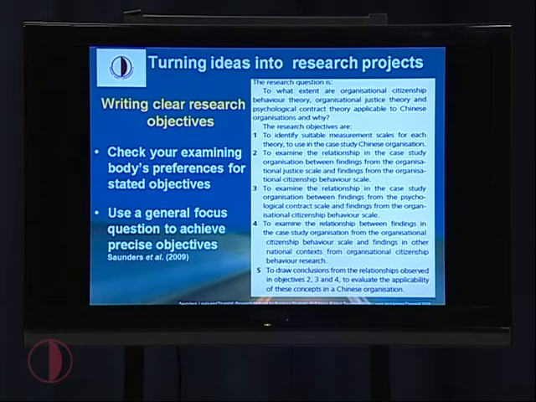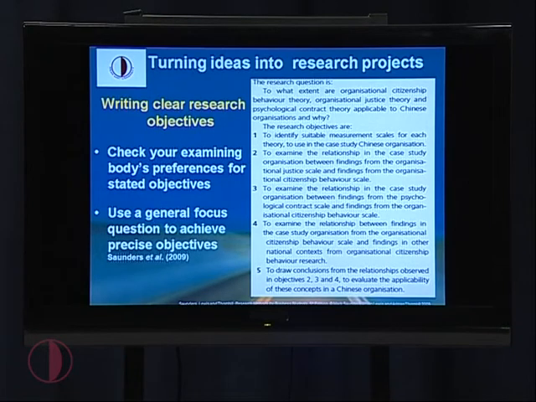So to move not just basic knowledge to more applicable to the business in different cultures, not in Europe, not in USA, not in the Middle East, but in Chinese organizations and why. This is the research question.